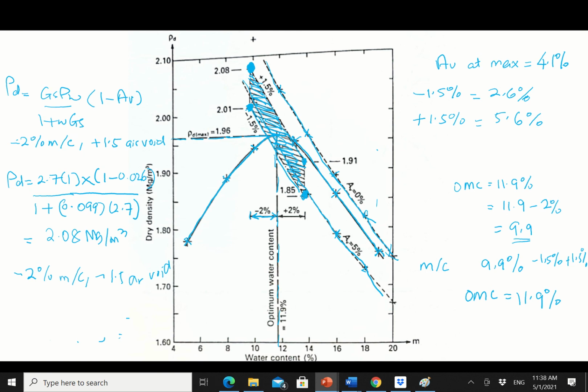So what you can do is use this compaction for field condition. If the contractor compacts your soil within that shaded range, then it is acceptable for us to accept the compaction process.